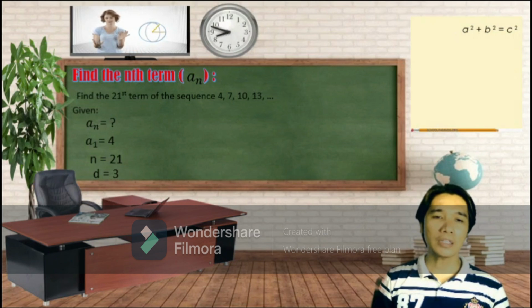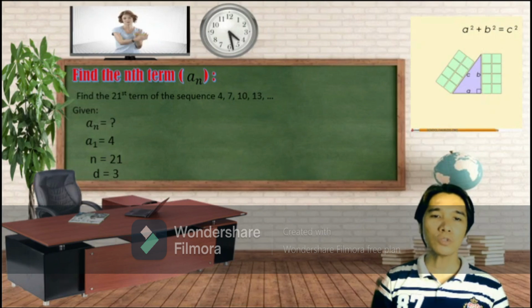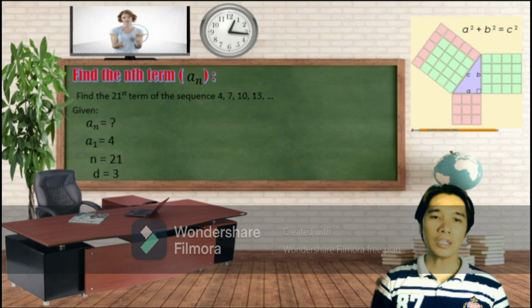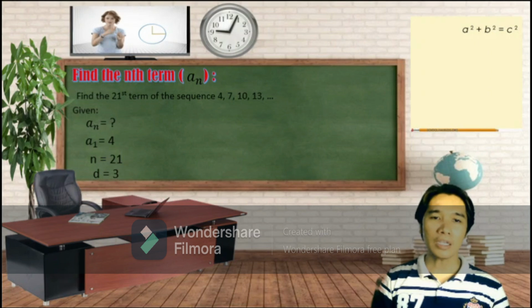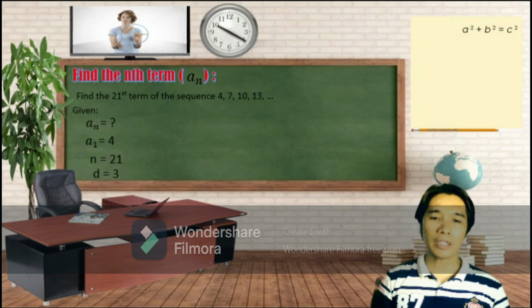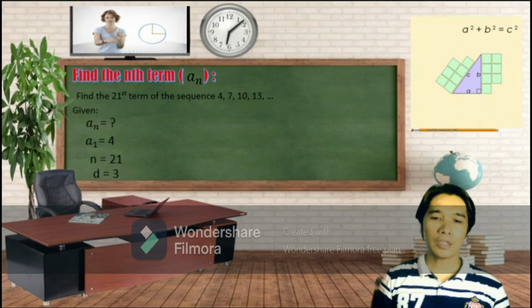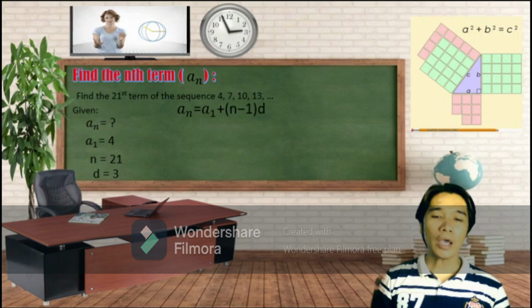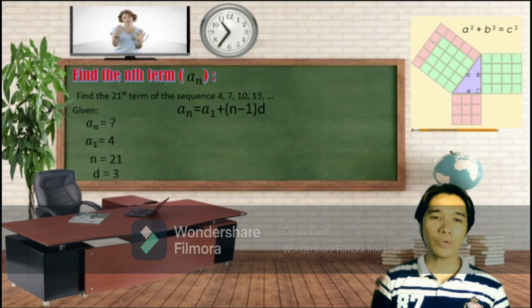We obtain d by subtracting 7 minus 4, that is 3. 10 minus 7 is also 3, and then 13 minus 10 is also 3. So that is the common difference, 3. We have the formula for the arithmetic sequence, a sub n is equal to a sub 1 plus the quantity of n minus 1 times d.